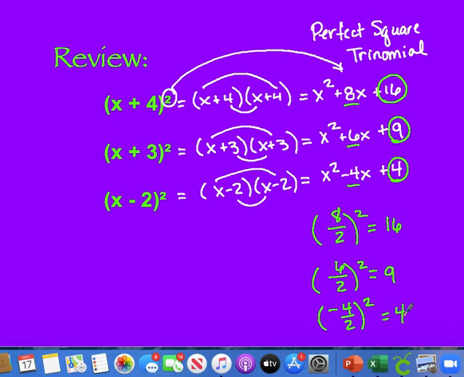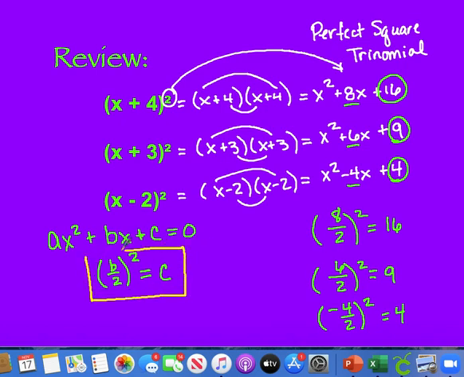So if I make a general rule from this, to get a perfect square trinomial using the standard form of a quadratic, I simply take my center term, or my linear term, divide it by 2 and square it, and that's what's going to give me c. That results in a perfect square trinomial.